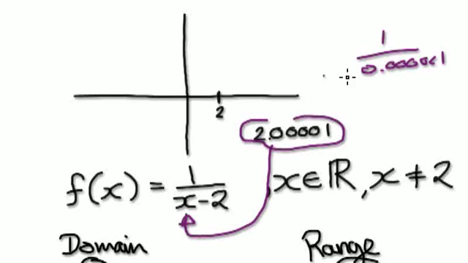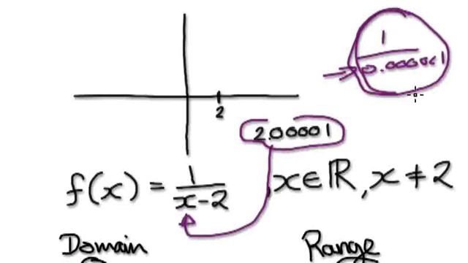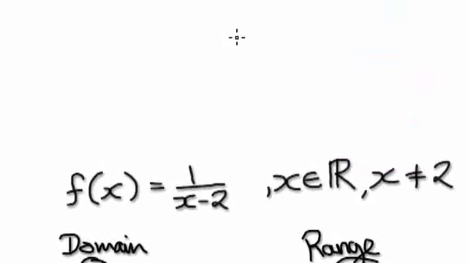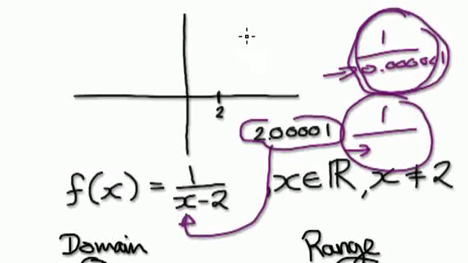When you divide by a number that's really small, this whole thing gets really big. If you don't believe me, get your calculator. 1 divided by a really small number, the overall thing will be really big. So your graph will be really high up here.